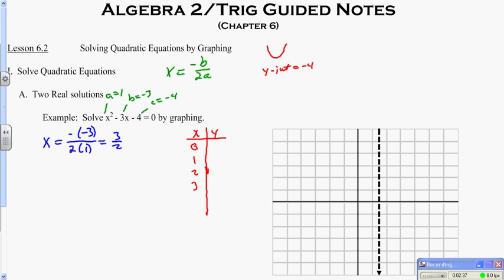Plug in a 0 for x, we'll get the y-intercept, negative 4. You plug in 1 for x, you get 1 squared minus 3 times 1 minus 4, which will be, I believe, negative 6.